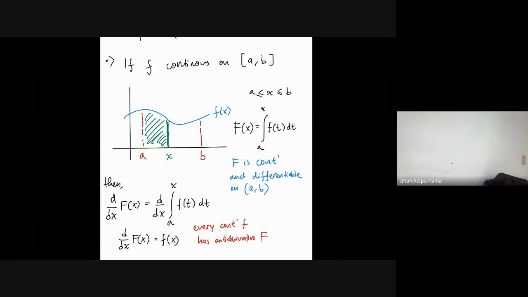They must have. So you can say if the function is integrable, if you can integrate the function, then the antiderivative of that function is differentiable. So if you can integrate, then you can differentiate.